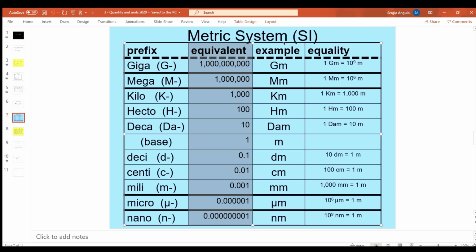Here's an example of what it looks like when you put a prefix together with a base unit. And then here are the equalities. In other words, what does each base unit look like? I'm going to talk first about the units that are bigger than the base unit. Then we'll go to the units that are smaller than the base unit.